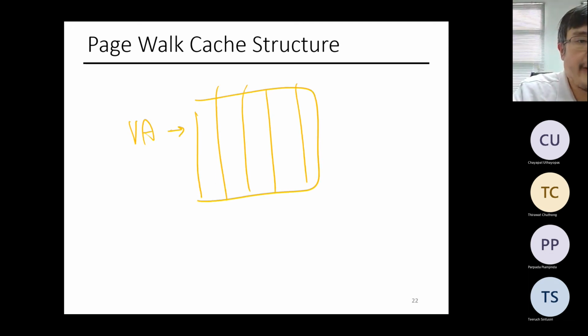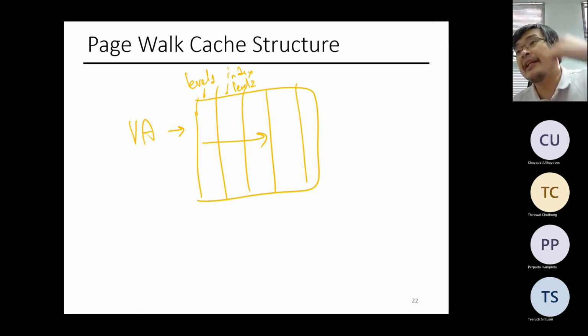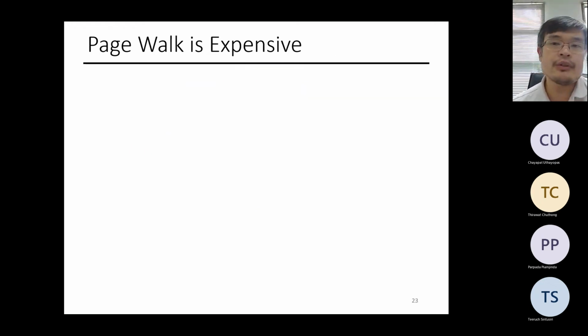You then compare the level 1 index, level 2, and see how far you can skip, so that you can get as close to the leaf node as possible. But in general, you want to avoid page walks because they're expensive, right?